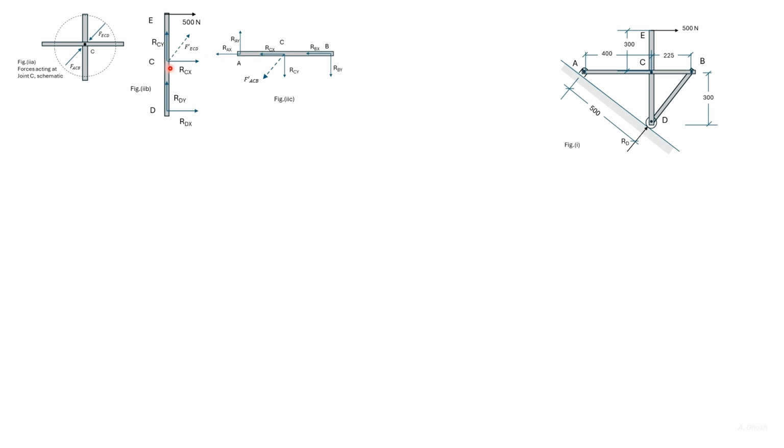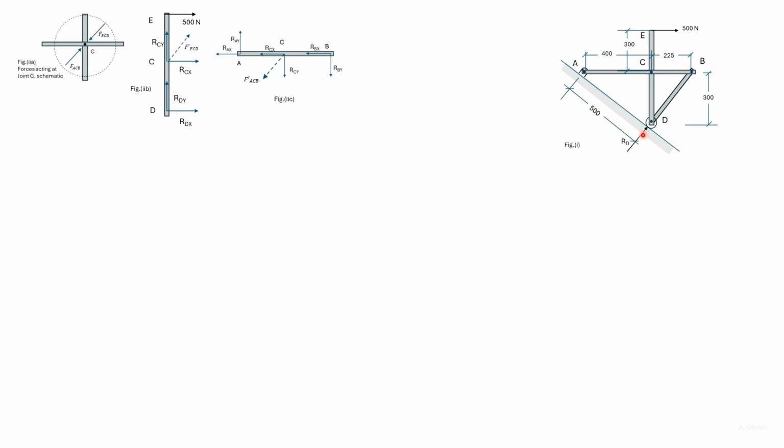We represent F dash ECD by a horizontal and a vertical force, RCX and RCY. Then since F dash ACP is equal and opposite, the forces acting on the bar ACB will have RCY acting in the opposite direction and RCX acting in the opposite direction.